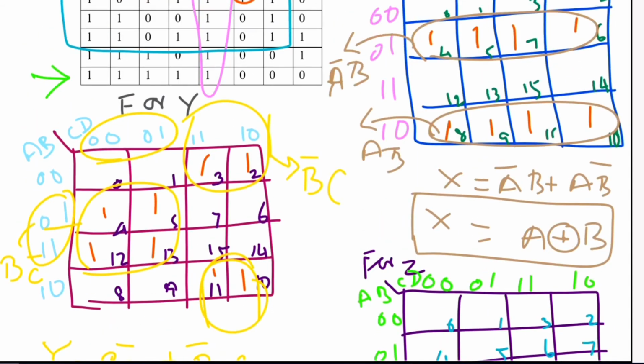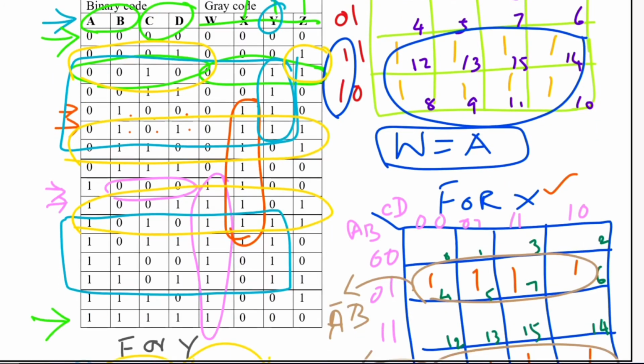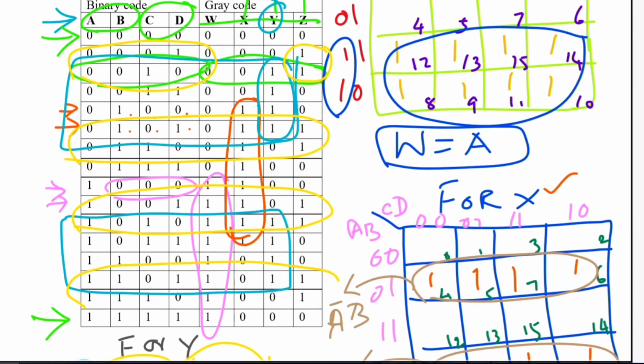Now move for Z. So for Z, when Z will be high in these two combinations and these two combinations and these two combinations and the last these two combinations.